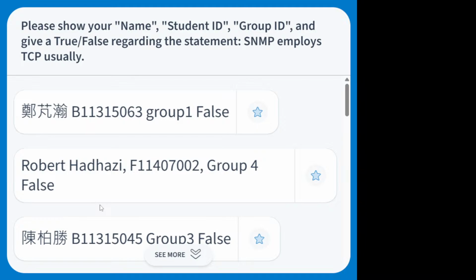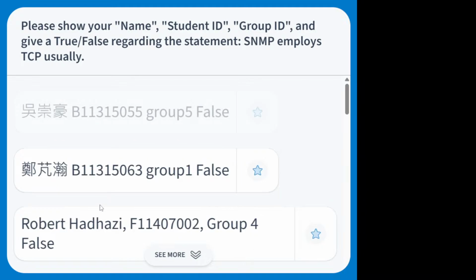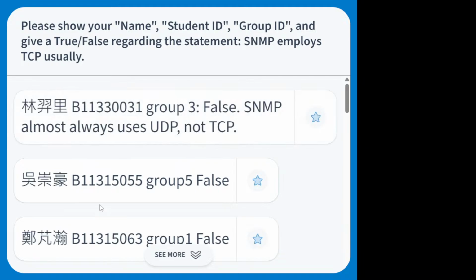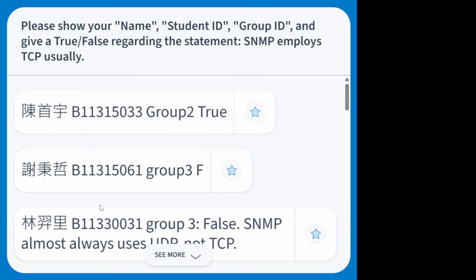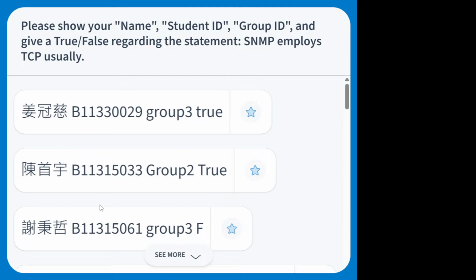So try to use Google, try to use ChatGPT, SNMP, and networking. Can you find it? SNMP and networking. So it should be simple network management protocol, right?